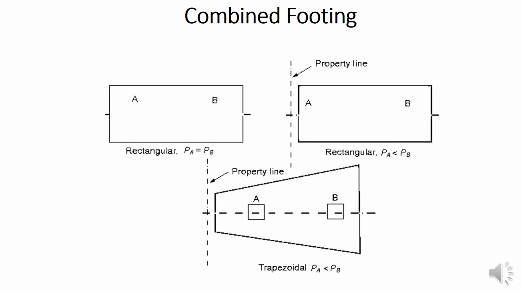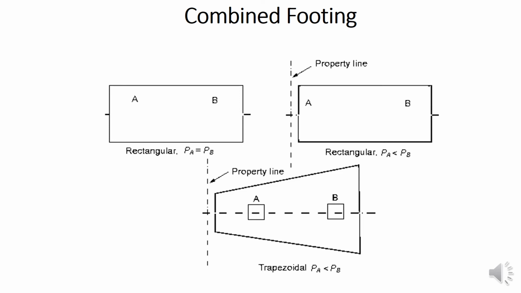Next one is a combined footing. It is used when two columns are so close to each other that individual footings would overlap. A combined footing is also provided when the property line is close to one column, so that a spread footing would be eccentrically loaded when kept entirely within the property line.